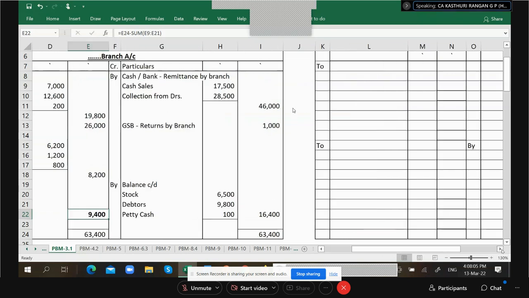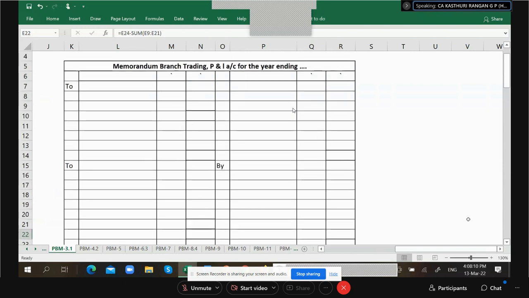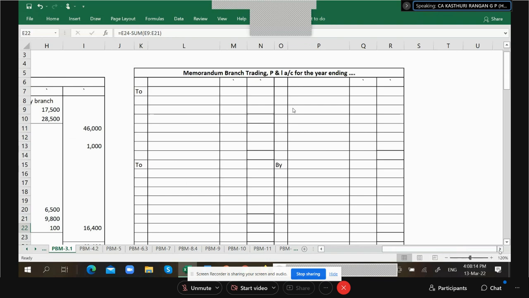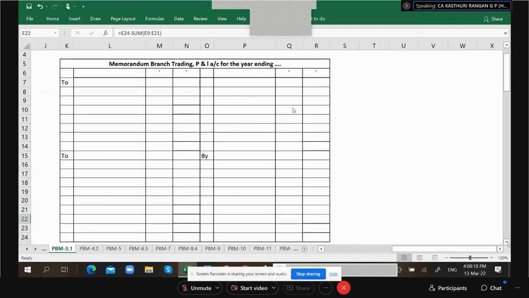Now we go to the second method, namely memorandum branch trading P&L account. How do you prepare accounts for this? Very simple.